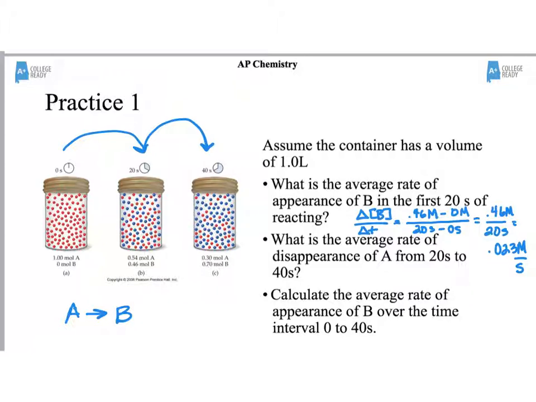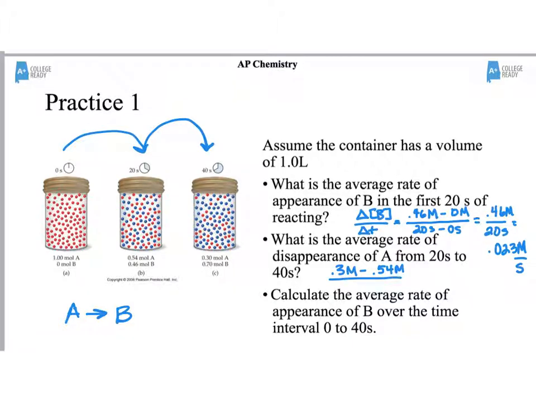All right, what about the second one? It says, what is the average rate of disappearance of A from 20 to 40 seconds? So at 40 seconds, A is 0.3 molar. At 20 seconds, it's 0.54 molar.